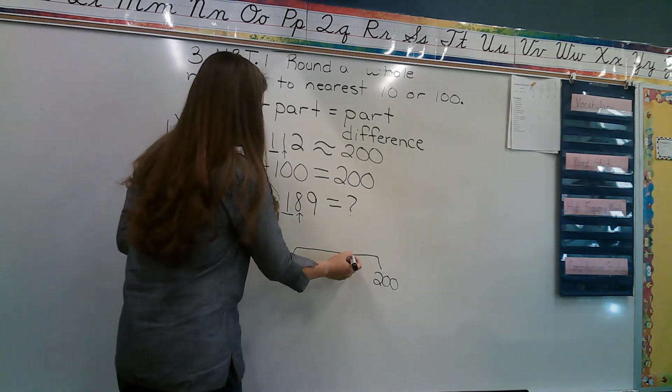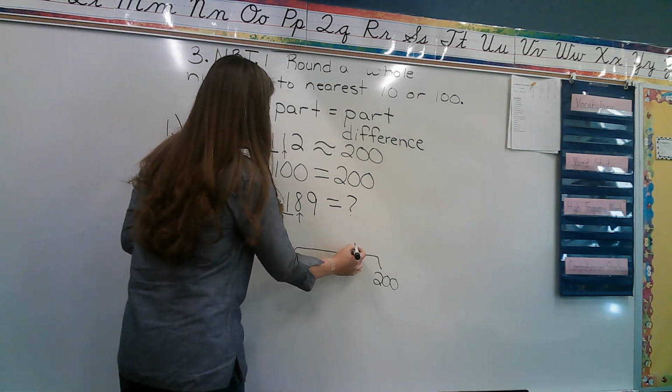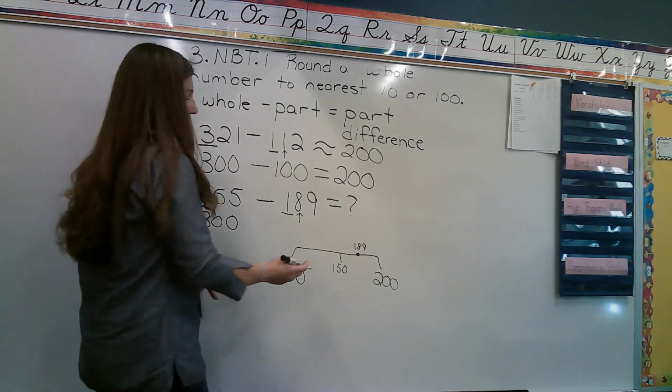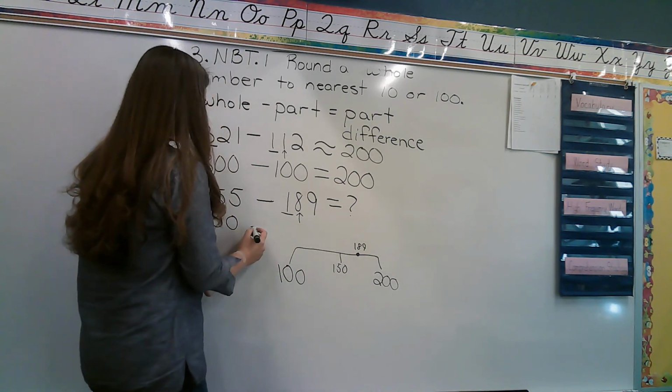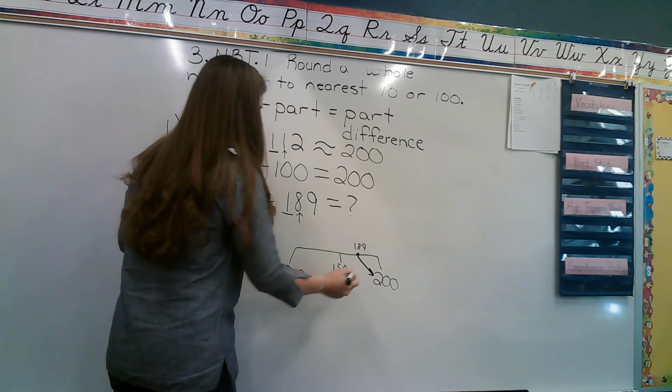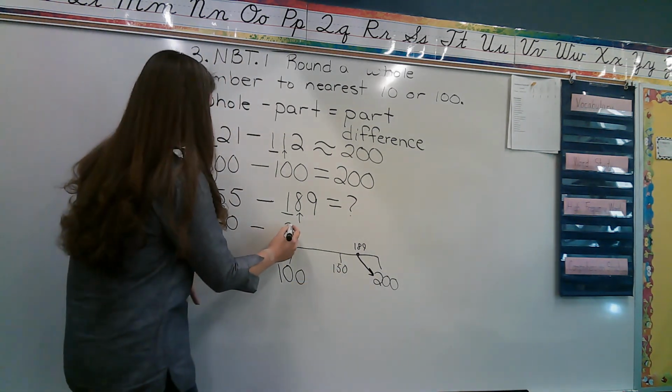So 80 is past the 150, so maybe 189 might be somewhere in that vicinity. So if we were to say, I want to round it to the closest 100, it's going to be closer to 200.